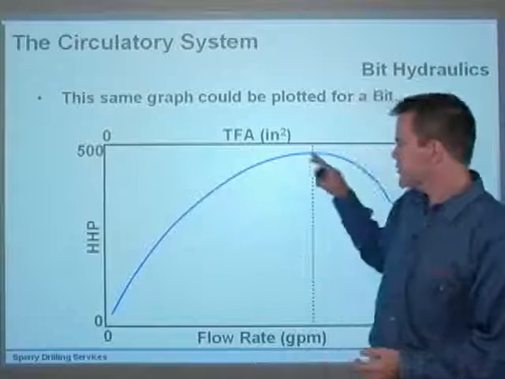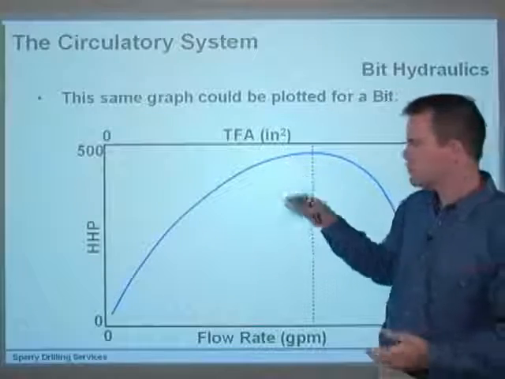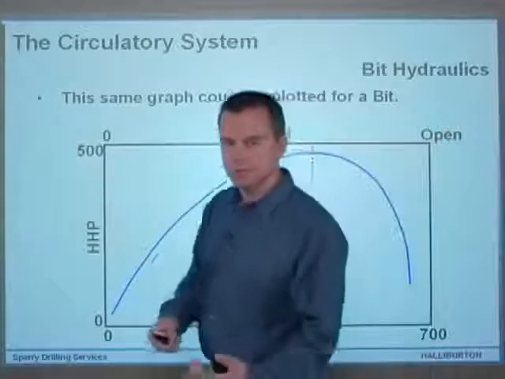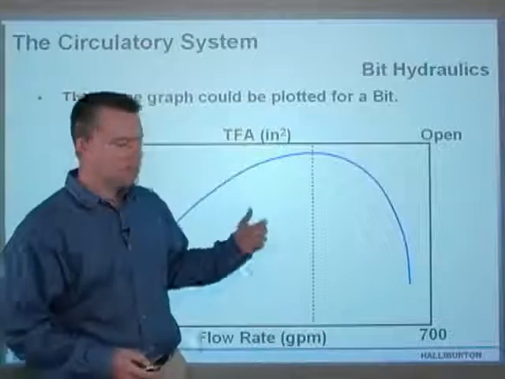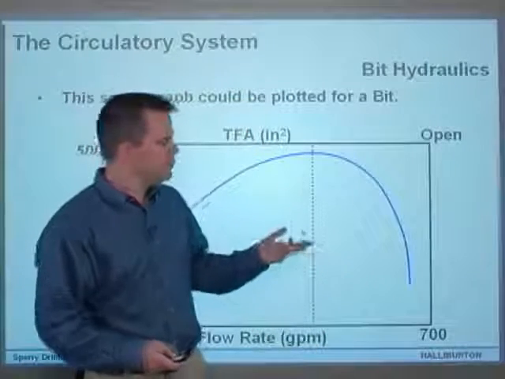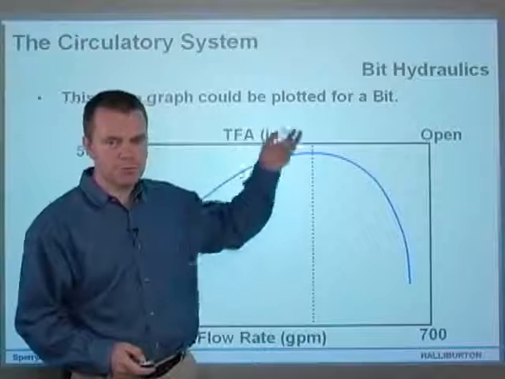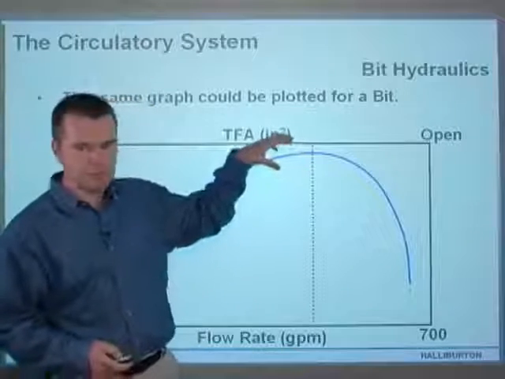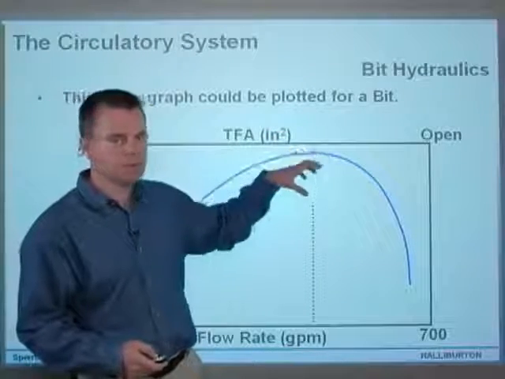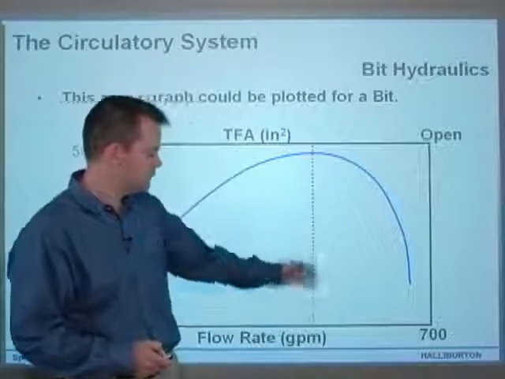So there's a point at which you maximize that hydraulic horsepower, and that's you getting the optimum cleaning power at the bit. The energy that you're inputting at surface, you're using the maximum amount of it to clean the bit at the bottom of the hole if you were to optimize this.